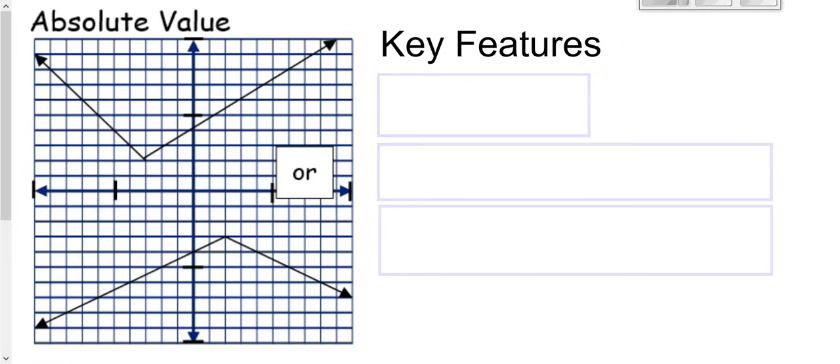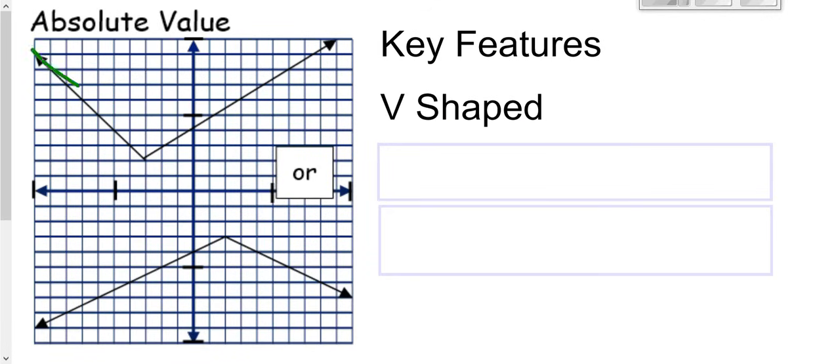Okay, let's talk about the next one. All right, now we have absolute value. If you think about absolute value and what shape these make, these are V-shaped pictures. So you will either have one that opens up or one that opens down.